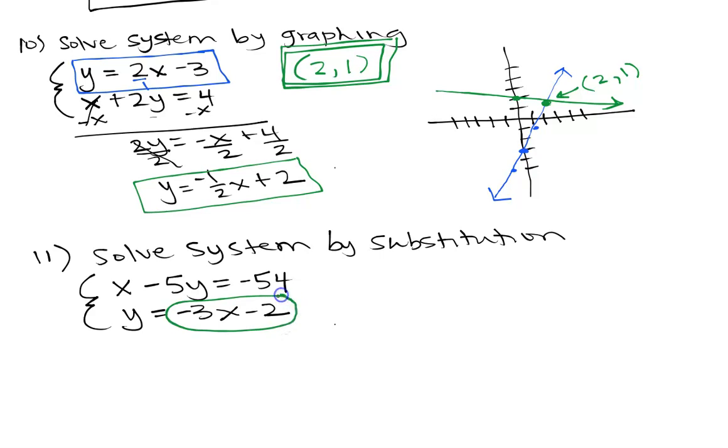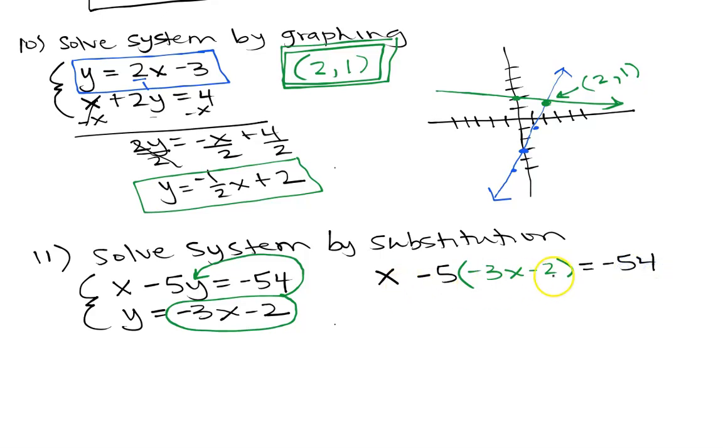And so that means I can take all of this, the negative 3x minus 2, and substitute it in place of y in that first equation. So when I do that, I'll have x minus 5 times (negative 3x minus 2), equals negative 54.